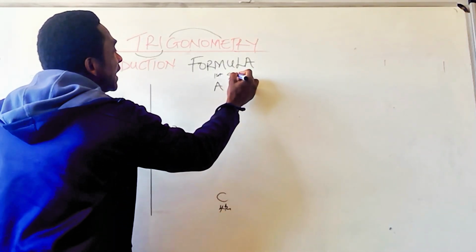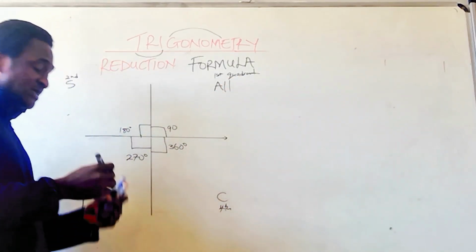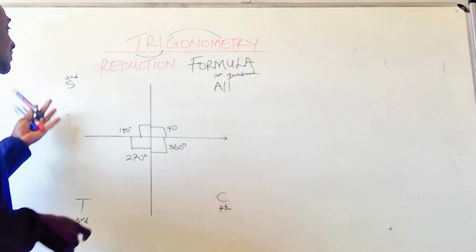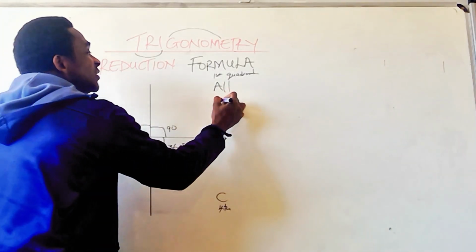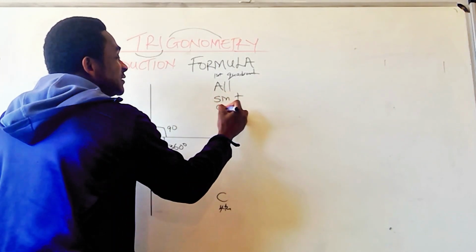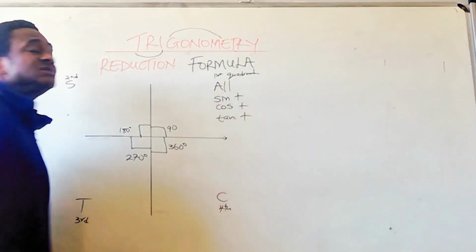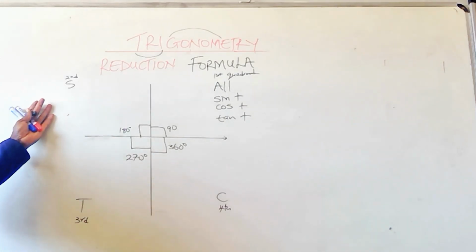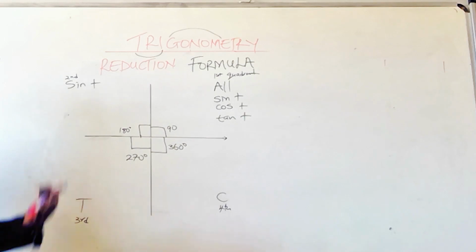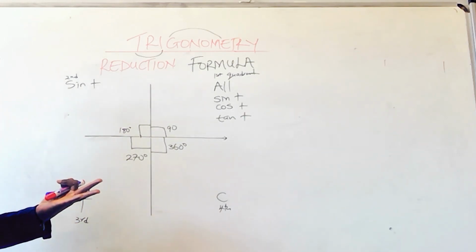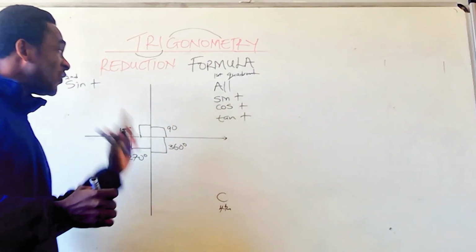What do they actually mean? The A here means all. It means in the first quadrant, all the 3 trigonometric identities will have a positive value. That means sine will be positive, cos will be positive, and then tan will be positive. On the second quadrant, the S here means that sine will be positive. The only one represented is the one that will take the positive sign for each quadrant.